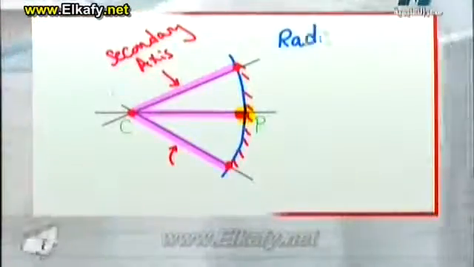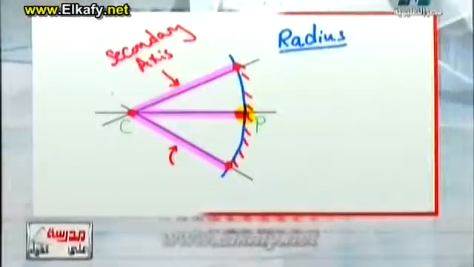Here we talk about distance, not a straight line. From C to any point on the surface, we talk about the radius of curvature.